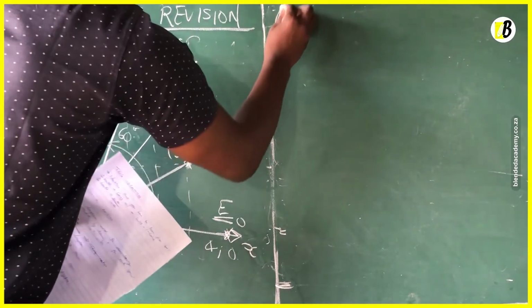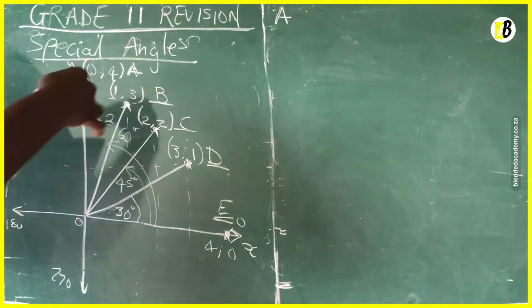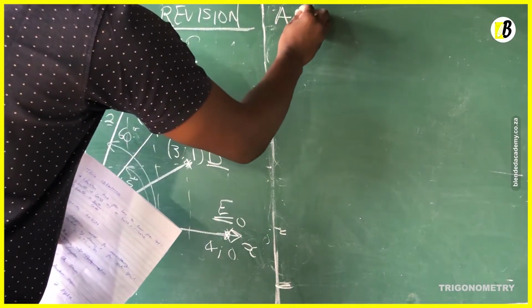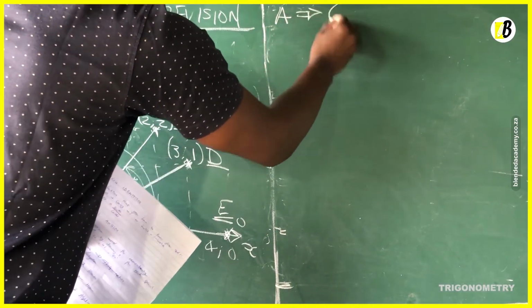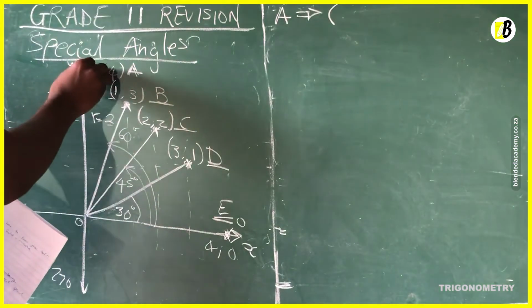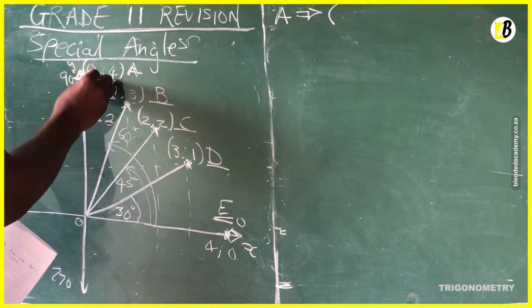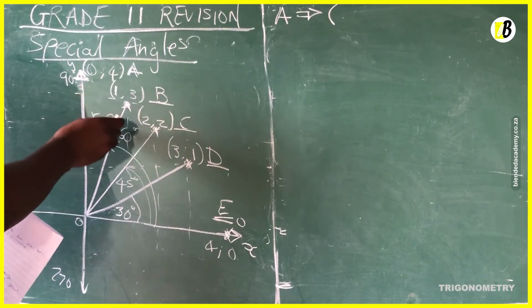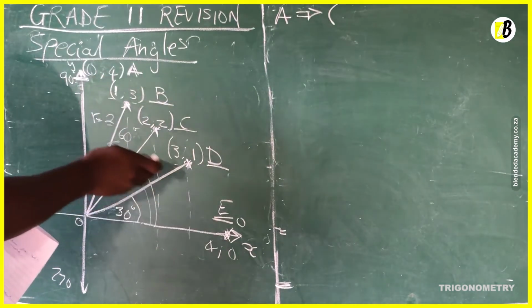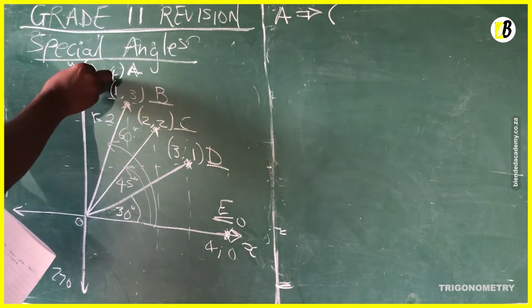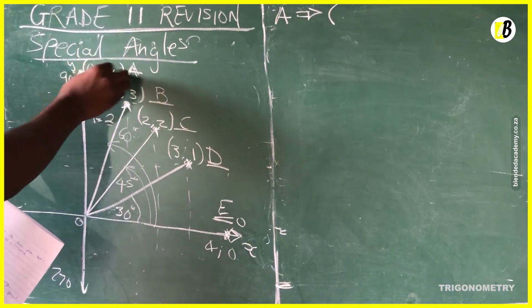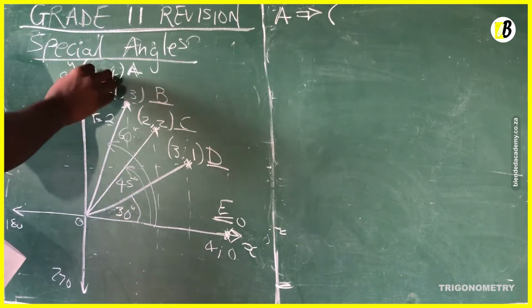For point A, the coordinates are, and again we need to take a square root of each and every coordinate for us to work with special angles. That means if we have 0 and 4 for this point, we have to take a square root for these two coordinates.